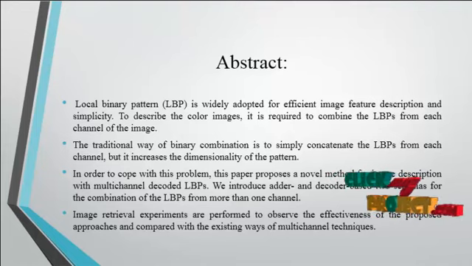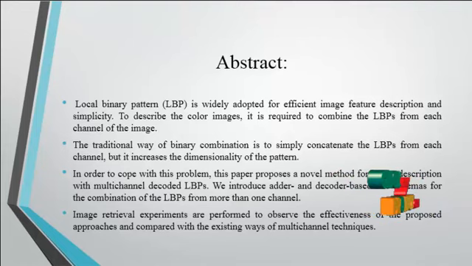We introduce an adder and decoder process along with the LBP for the combination of LBPs from more than one channel. In the adder and decoder process, the red, green, and blue channels will be combined together as a test feature.